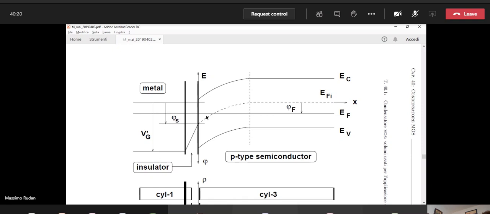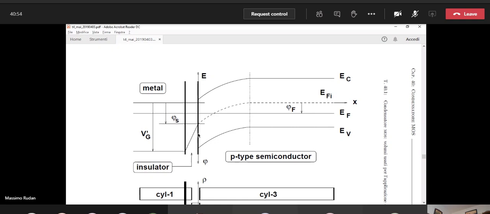But there is a difference: since we have applied a positive voltage to the gate, this positive voltage not only will push the holes of the semiconductor to the right, but will also attract the electrons of the semiconductor to the left. But these electrons may travel up to the interface. When they have reached the interface, then they cannot proceed anymore because there is an insulator.